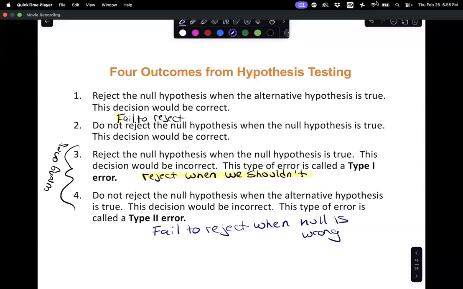This is the type 2 error. So if we don't reject it, but we should have rejected it, that's a type 2 error. If we reject it when we shouldn't, that's a type 1 error.